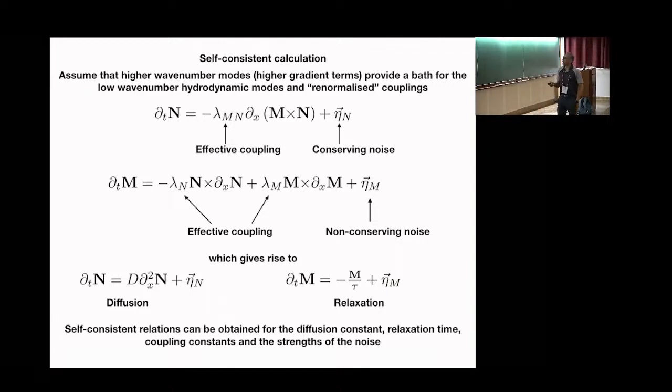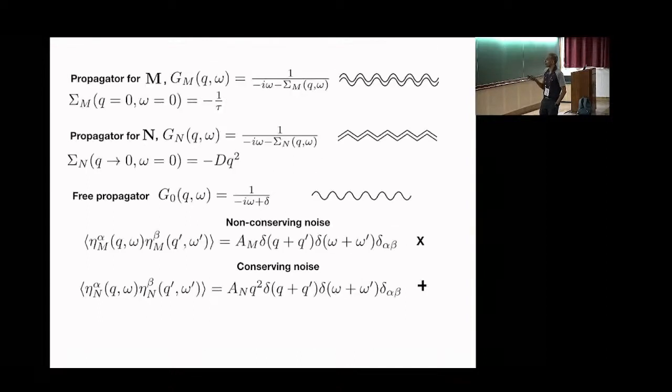Then we can argue that this dynamics gives us diffusion for the conserved quantity N and a relaxation for the non-conserved quantity M. So we make this ansatz, and we can calculate the diffusion constant and the relaxation time self-consistently in terms of these couplings and the strengths of the noise.